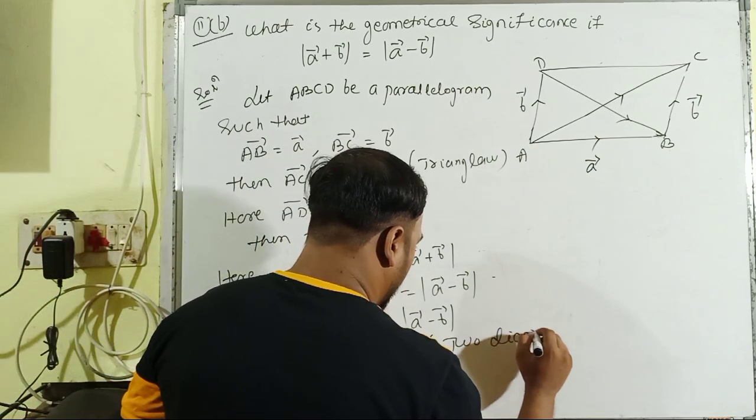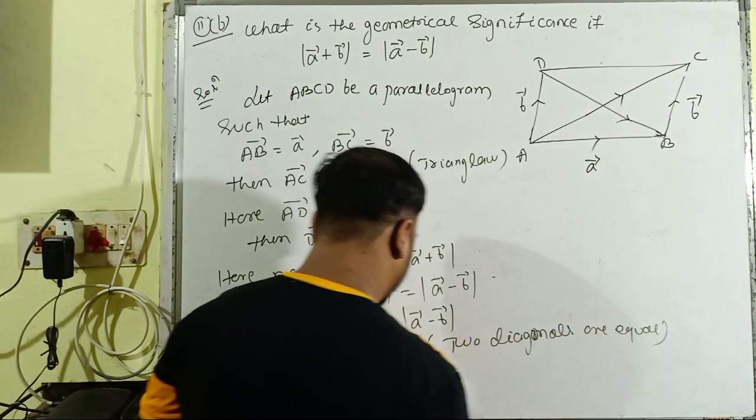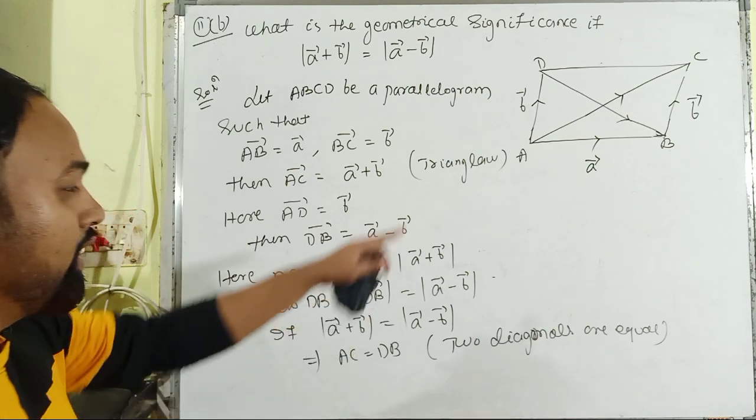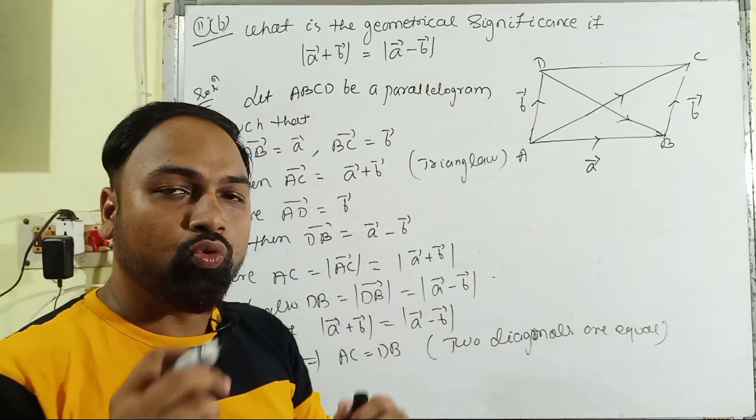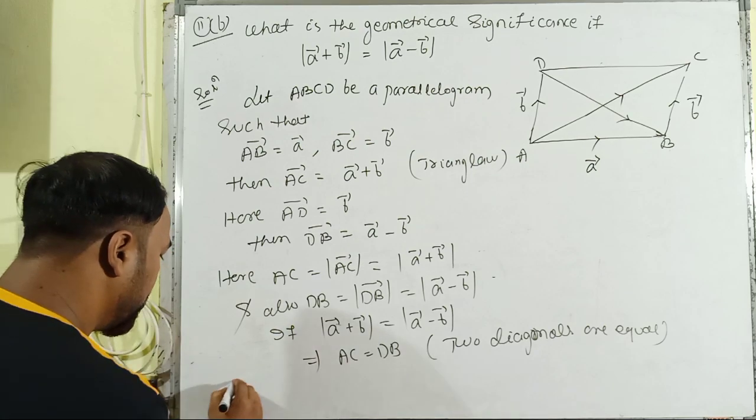Two diagonals are equal. So here ABCD is a parallelogram having the two diagonals equal, or you can say equal diagonals.